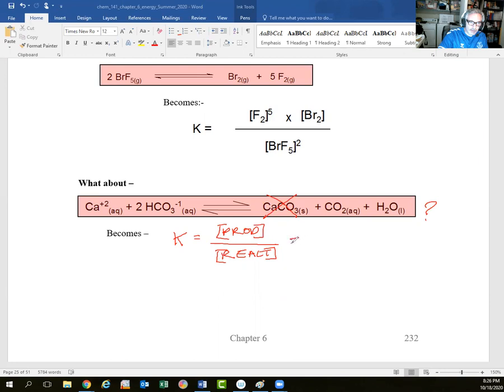So for those products, that would be the CO2, because we're ignoring the water. So the carbon dioxide concentration divided by, now I've got a cat attacking me.